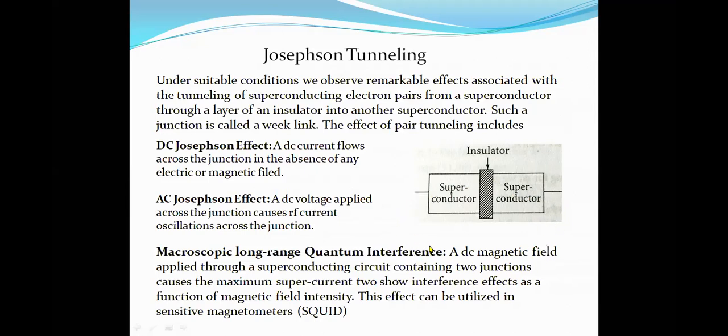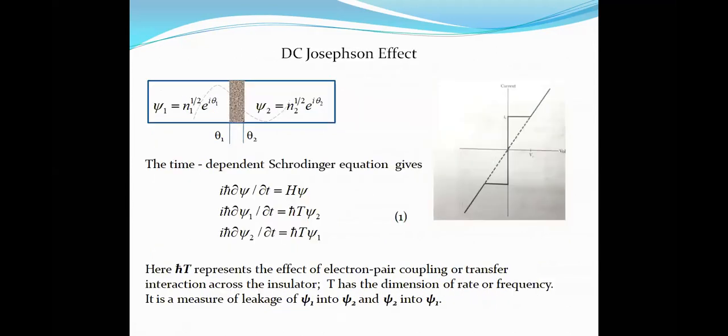Though your source is DC, you have just applied a battery, the current which flows through the superconductor is AC. That's called the AC Josephson effect. We will understand its origin quantum mechanically and explain how this actually takes place. First we see the DC Josephson effect.